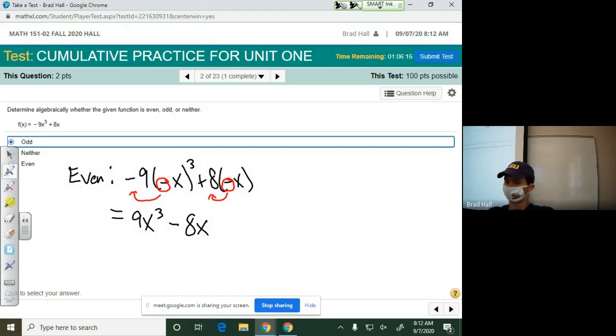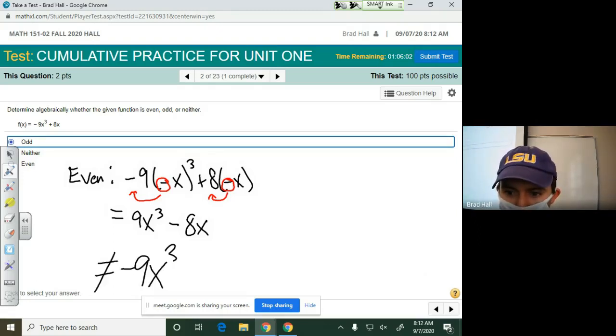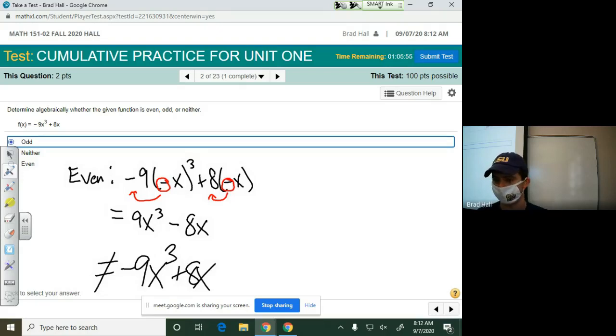Which would give us 9x cubed, 9x to the third power, minus 8x. The question is, does that give us the original function? No. It is not the original function, because naturally the signs are off. So it's not even.